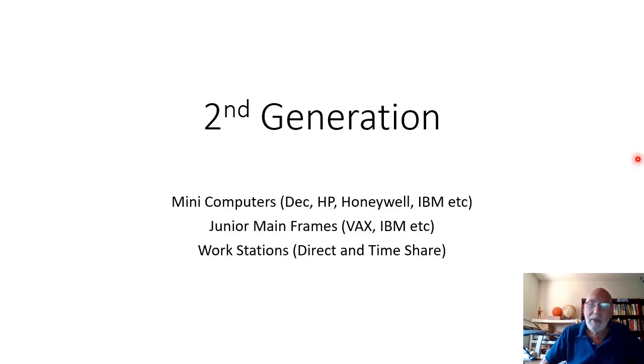Okay, when we got to the second generation of computers, that was when the mini computers came out, the dedicated ones. DEC kind of led that with their PDP-8. DEC is Digital Equipment Corporation, and they were in Massachusetts. And then Honeywell and Hewlett Packard and IBM and a whole bunch of little guys came out with mini computers.